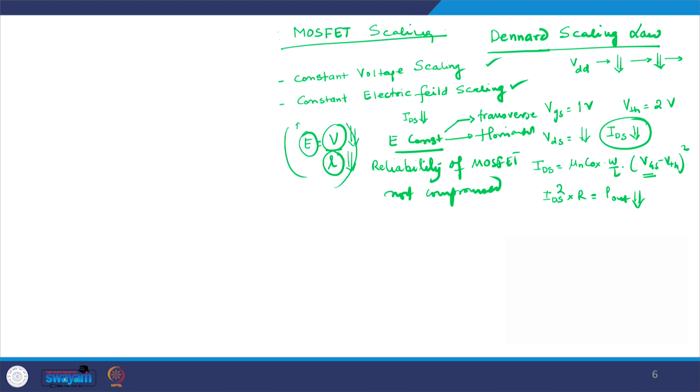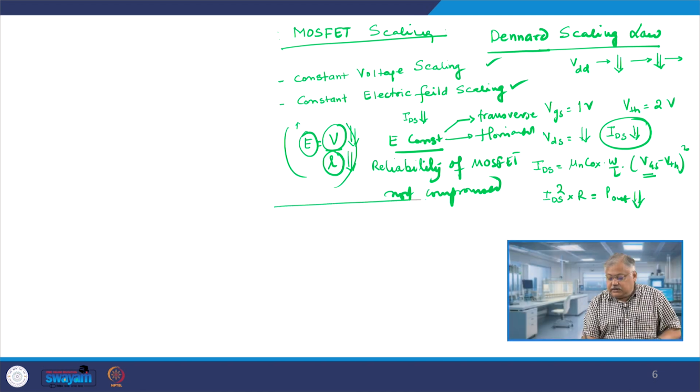Typically, if you follow the Dennard scaling law, it is seen that channel length, T oxide thickness, width of the channel, Xj, the junction dimensions, they all scale down by a factor of k. I will explain to you what this k is. Doping concentrations Na, Nd scale again by a factor of 1 by k.